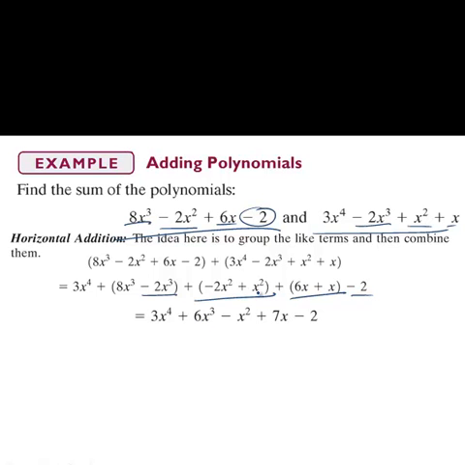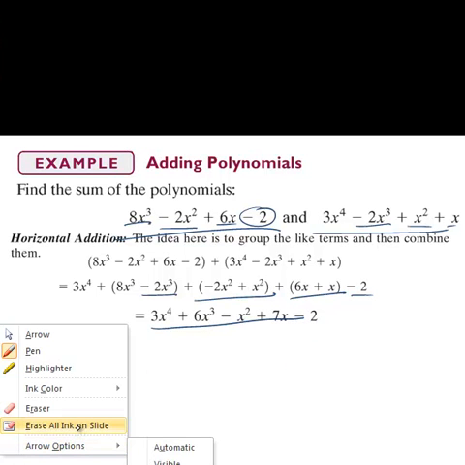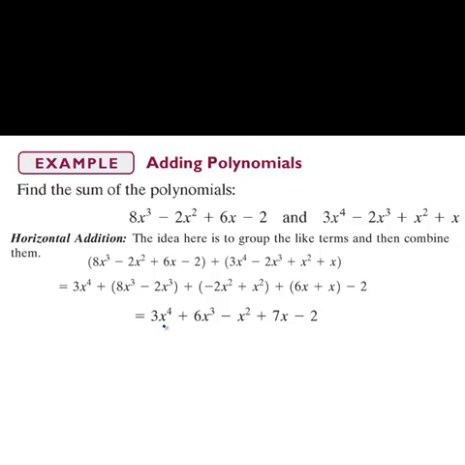Negative 2x squared plus x squared: the negative 2 plus 1 is negative 1. So you have minus x squared. 6x plus x is 7x, minus 2. So the result of adding those two polynomials together will be 3 times x to the 4th plus 6x cubed minus x squared plus 7x minus 2. Adding like terms.